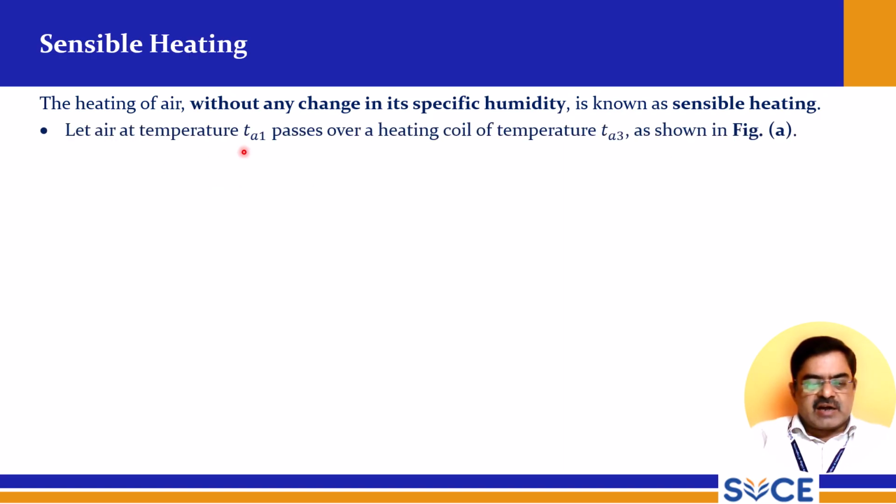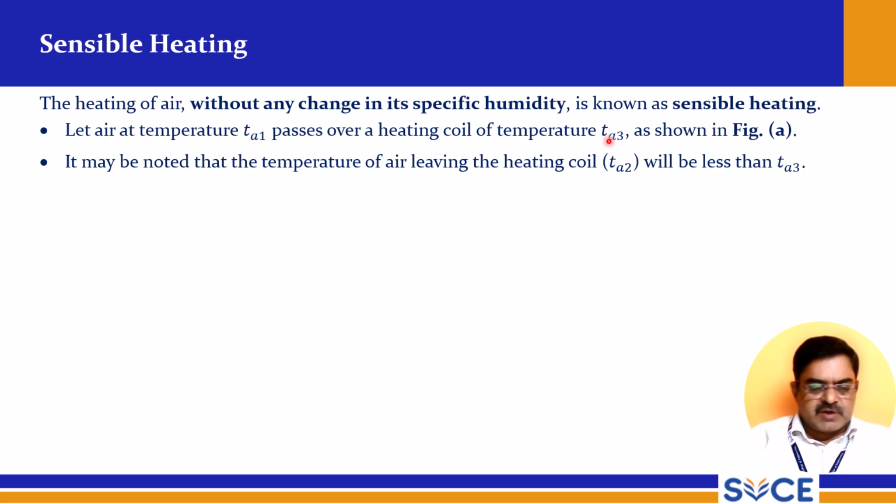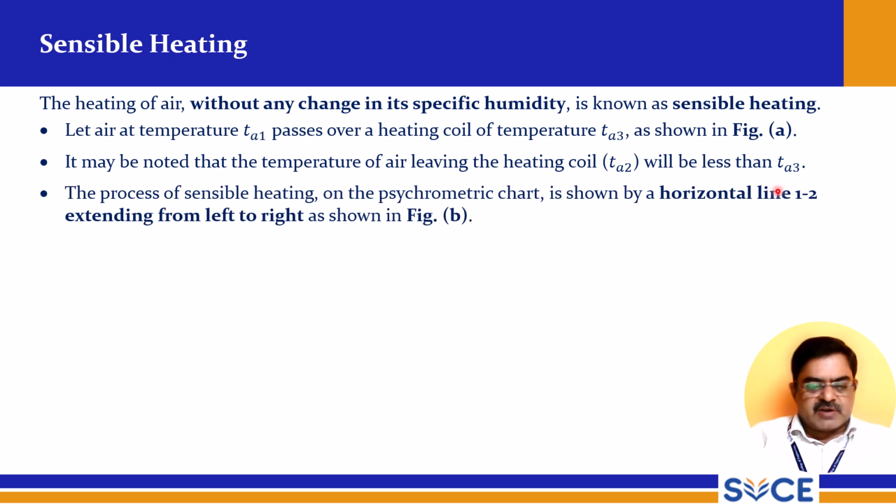Let air at a temperature Ta1 pass over a heating coil of temperature Ta3 as shown in figure A. It may be noted that the temperature of air leaving the heating coil, Ta2, will be lesser than Ta3. So that is the temperature difference, and I will show you clearly in the diagram.